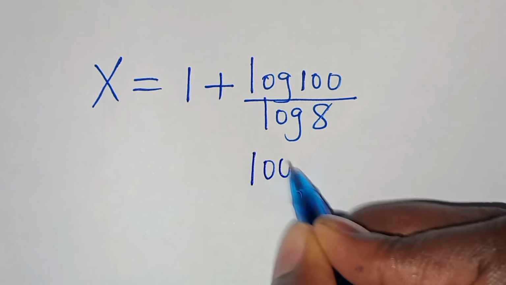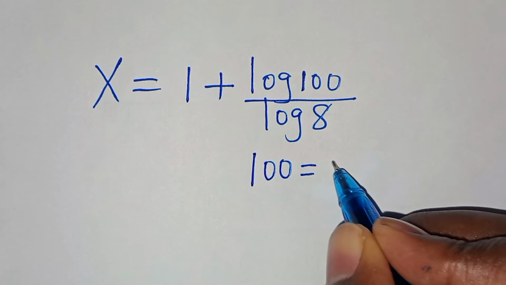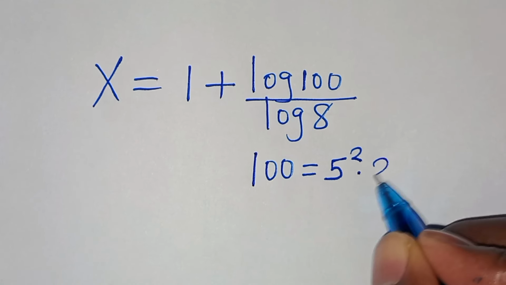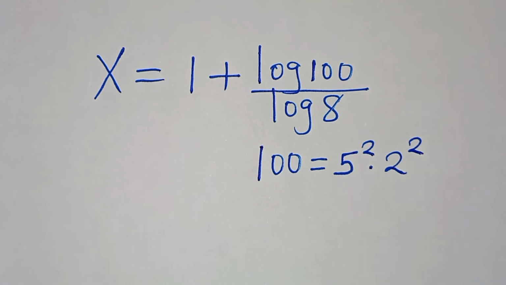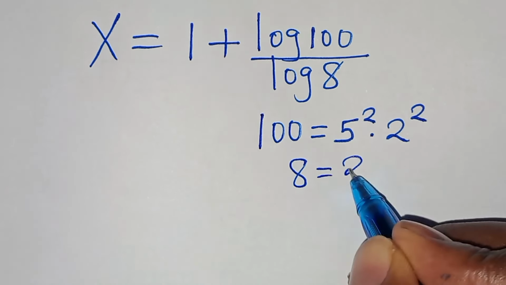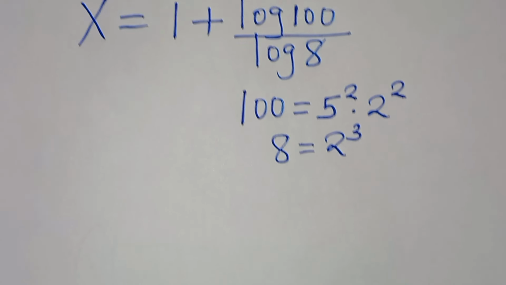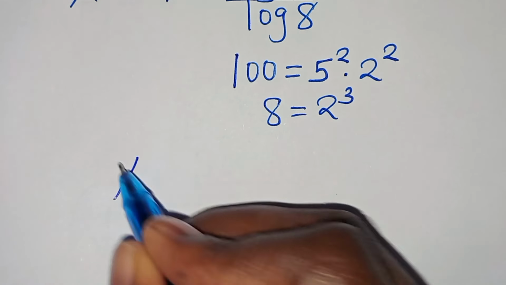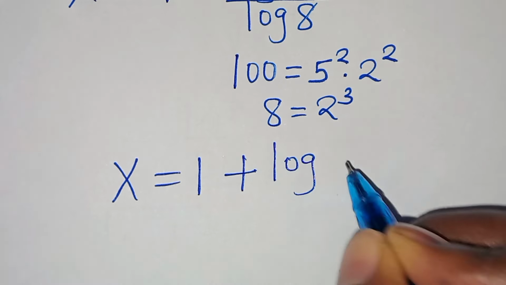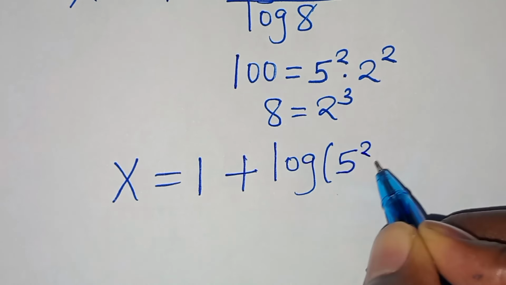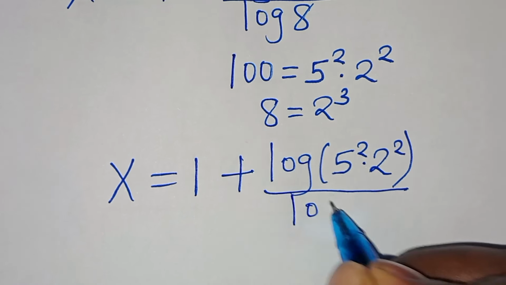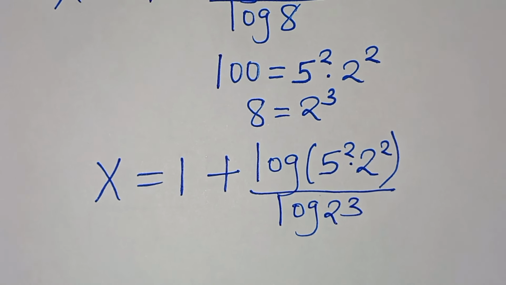We can express 100 as 5 to the power of 2 multiplied by 2 to the power of 2. We can also express 8 basically as 2 to the power of 3. So this implies that x here is equal to 1 plus log 5 to the power of 2 times 2 to the power of 2, everything here divided by log 2 to the power of 3.